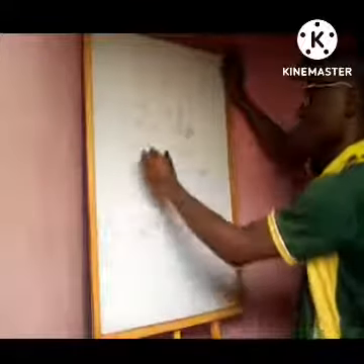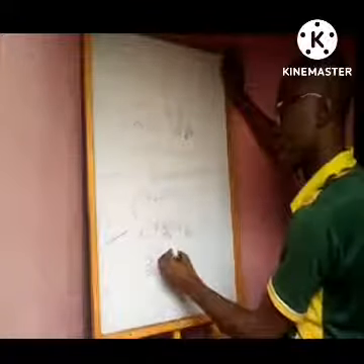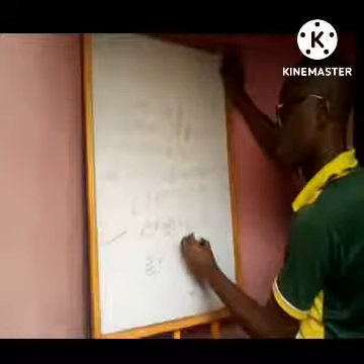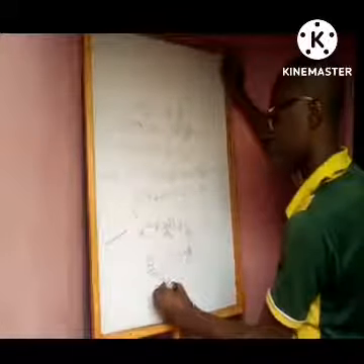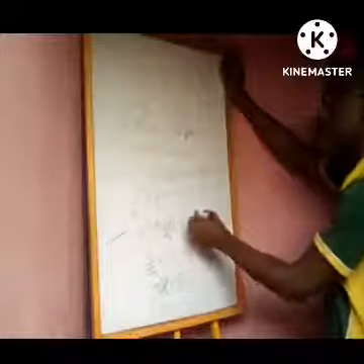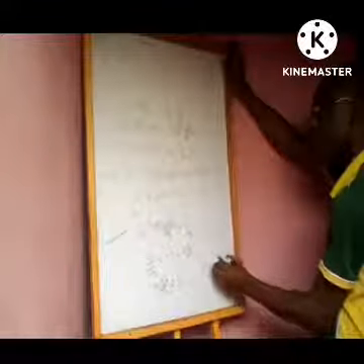Comparing the two, b over a equals minus alpha plus beta. So in other words, minus b over a equals the sum of roots, and c over a equals the product of roots.